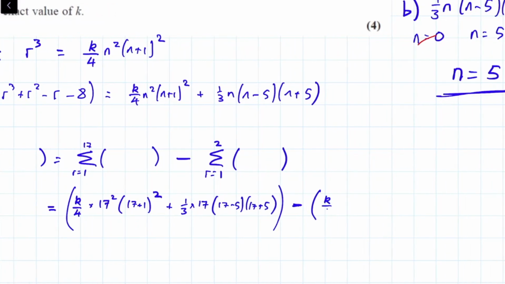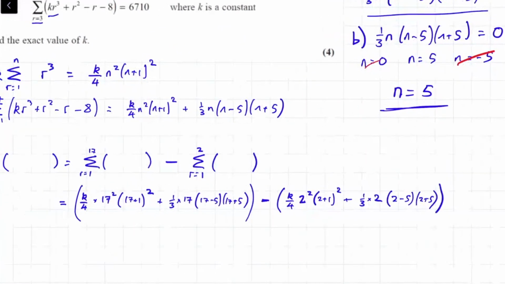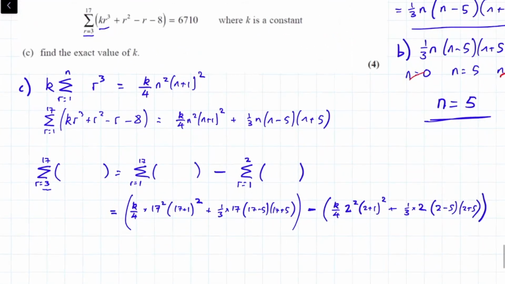So we'll have k over 4, 2 squared, 2 plus 1 squared, plus 1/3 times 2, 2 minus 5, 2 plus 5, like so. And we are told that that entire thing is equal to 6,710. So all of this is going to be 6710.